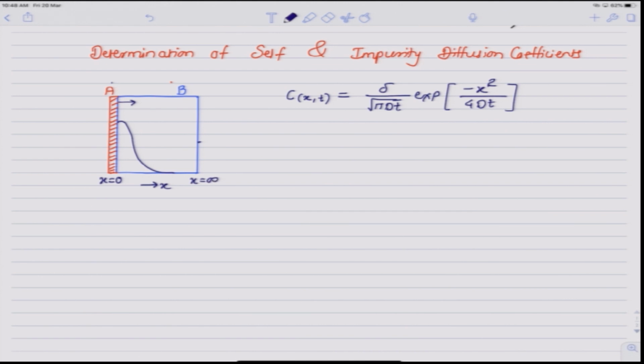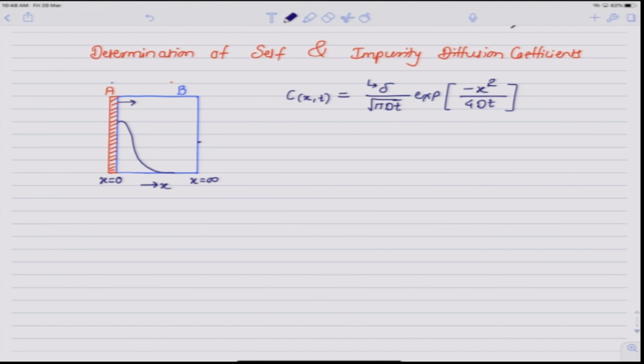Then this parameter delta is nothing but the amount of A deposited per unit area initially, and if we consider unit cross section, it is assumed that throughout the thickness of B, that amount delta remains the same. So, this solution can be used for getting the value of D for A in B.